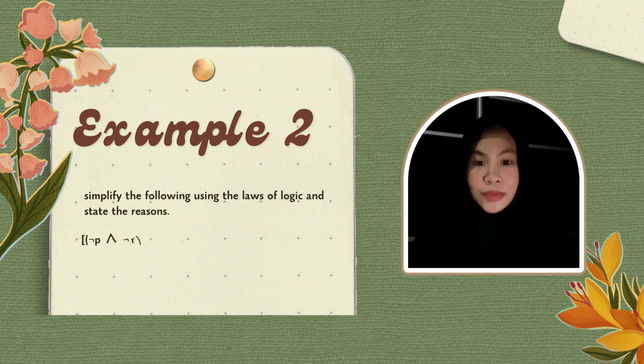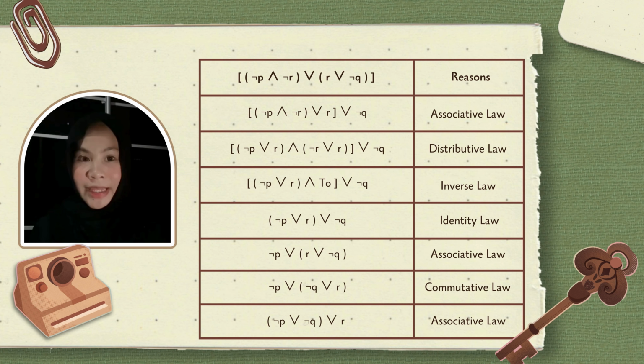For example 2, simplify the following using the laws of logic and state the reasons. The question is negate P and negate R or negate Q. Firstly, we simplify this to negate P and negate R or negate Q using associative law.